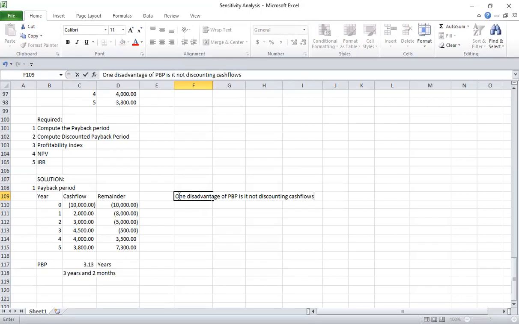And so there is normally the importance of considering time value of money. Because the payback period does not discount cash flows, then we are saying it is one of the weaknesses that we have with the payback period.